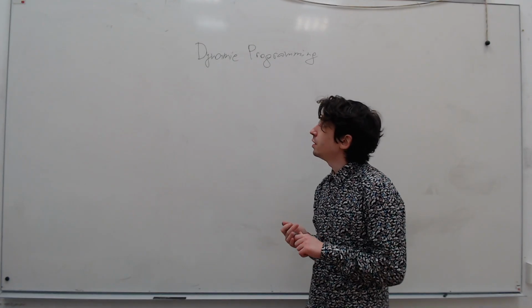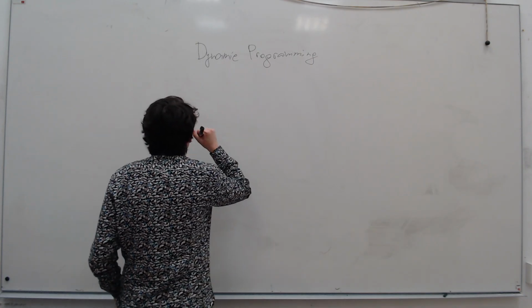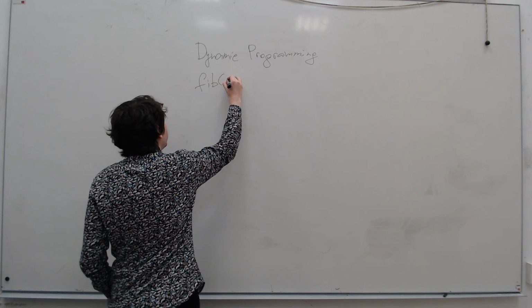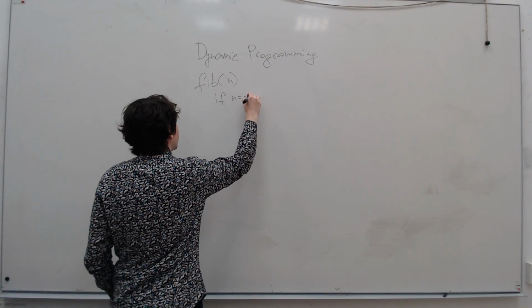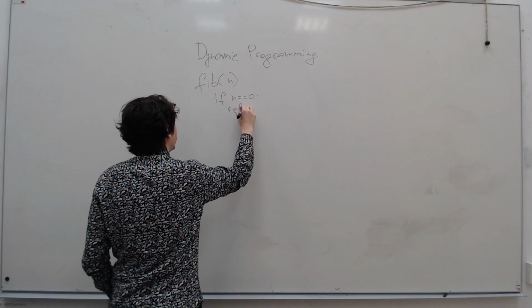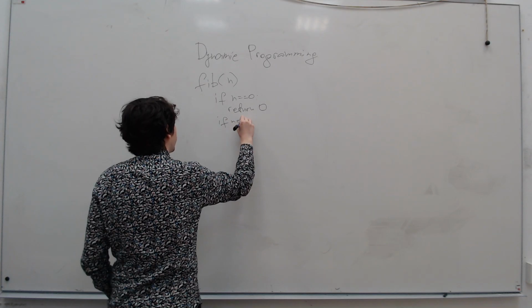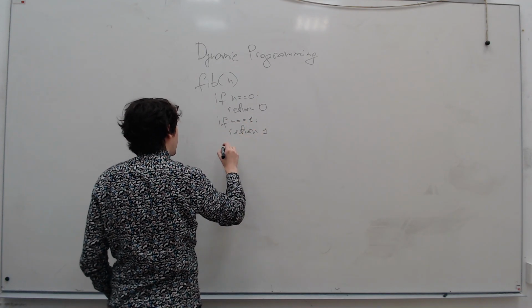So consider a simple algorithm that calculates Fibonacci numbers. If n equals 0, then return 0. If n equals 1, then return 1.